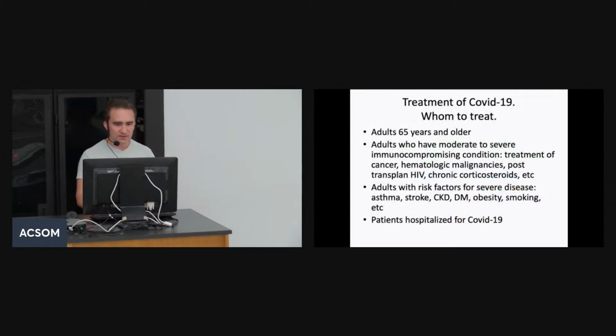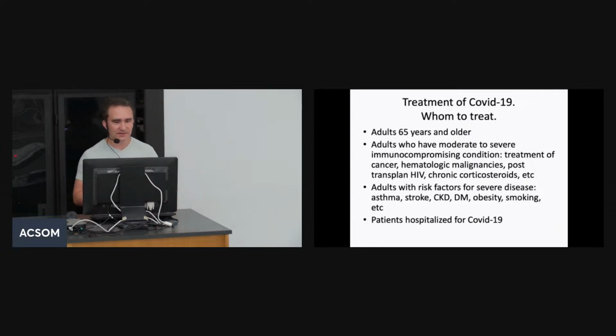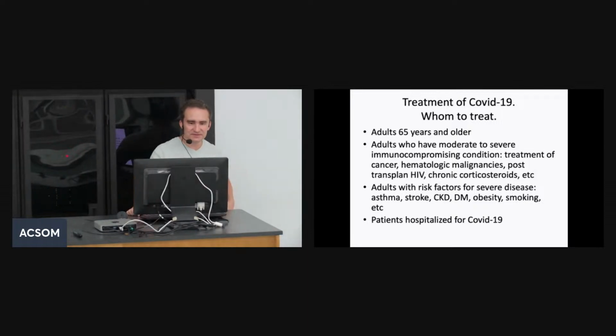So, whom to treat? You don't have to treat everybody. If somebody's younger without really comorbidities, no obesity, diabetes, you don't have to jump on the treatment. But somebody who is at high risk of complications, you would treat, which are adults 65 years and older who have moderate to severe immunocompromised conditions like cancer, hematologic malignancies, HIV, transplant, chronic steroid use.